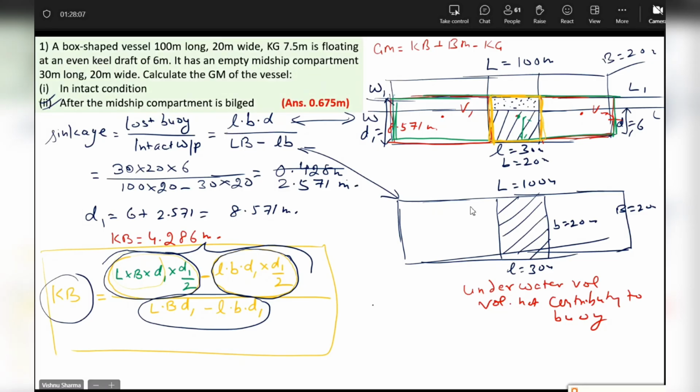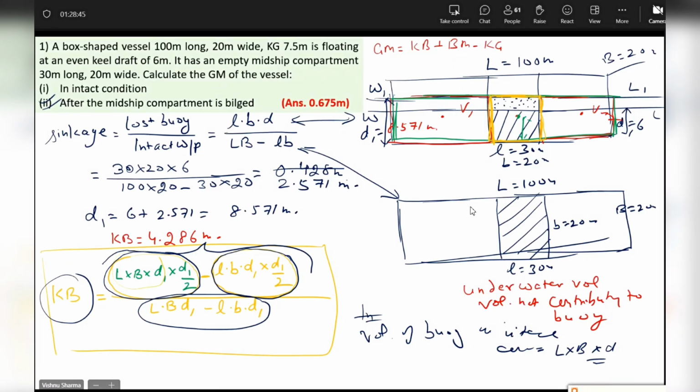Okay, very good. In the intact condition, what was the volume of buoyancy? Look at the diagram and tell me. LB into LBD, right? And volume of buoyancy will change only if the displacement is changed or the density of the water in which the vessel is floating is changed.